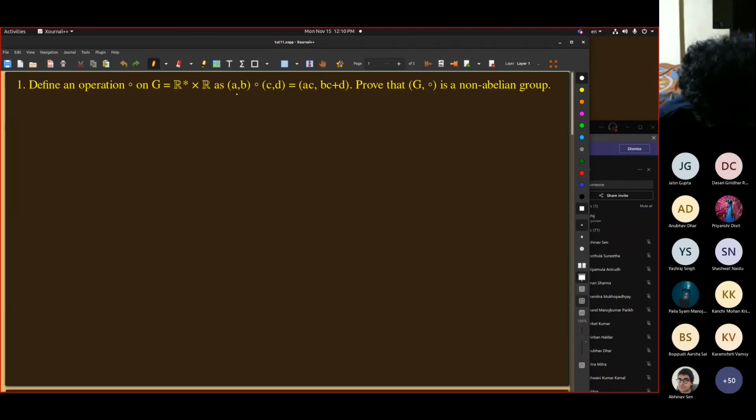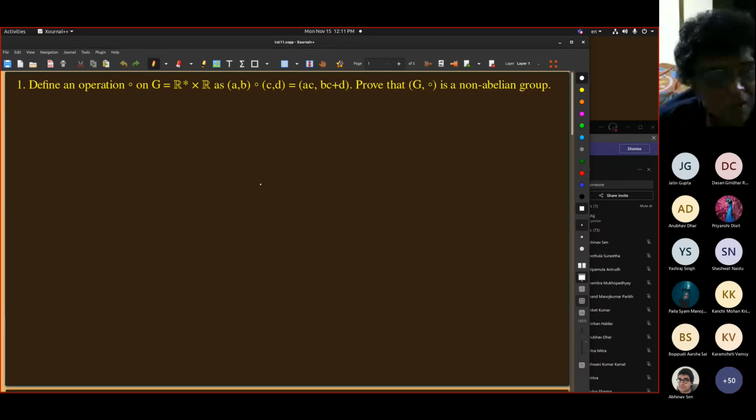When this operation is applied to these two pairs, it gives me the pair AC, BC plus D. Now prove that this gives a group, and also show that this is not abelian, that is, not commutative.